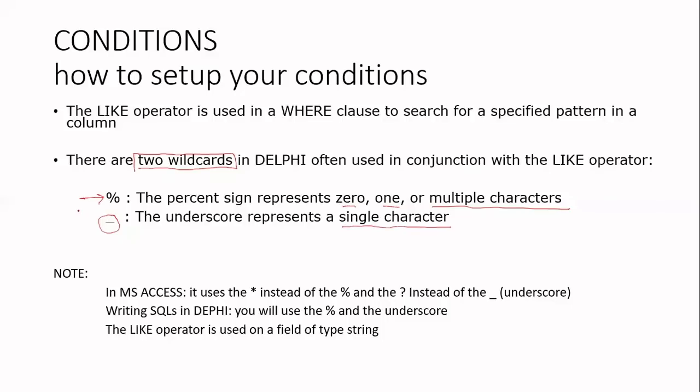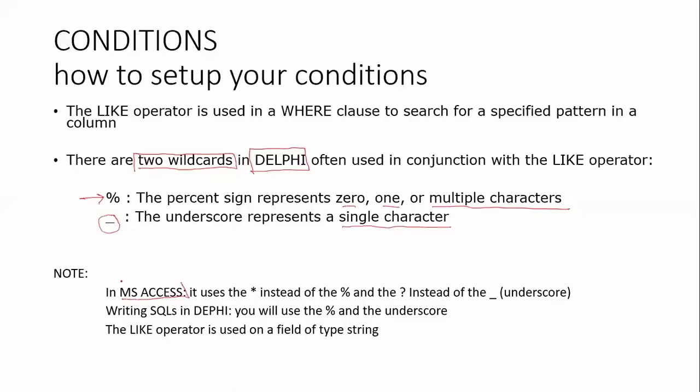Now, take note that these two wildcards are what you would use when you are writing your SQL statements and you are using them in Delphi. The same SQL statement can be run in Microsoft Access.